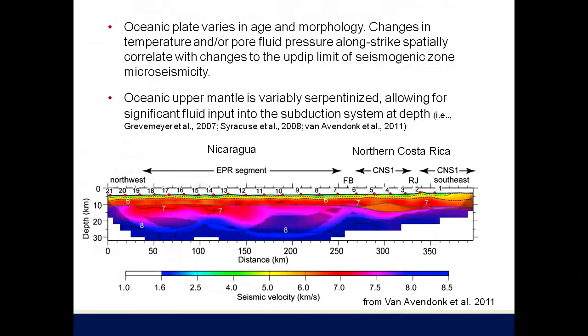All right, so what do we already know? Obviously, we've done 10 or some years of research. We should know quite a bit, so what can I add to that? First, we know that the oceanic plate varies in age or morphology.